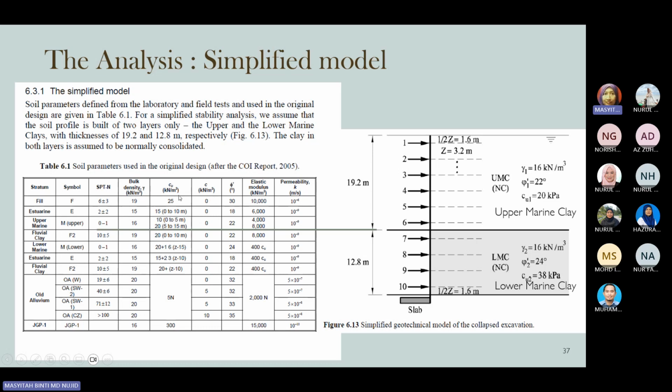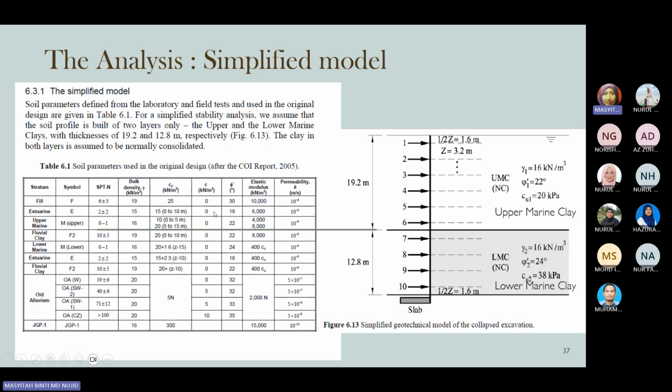Here, since this is short-term stability, it can be applied with effective stress, or it also can be applied with total stress. You can see that the data for the coefficients uses undrained coefficients.